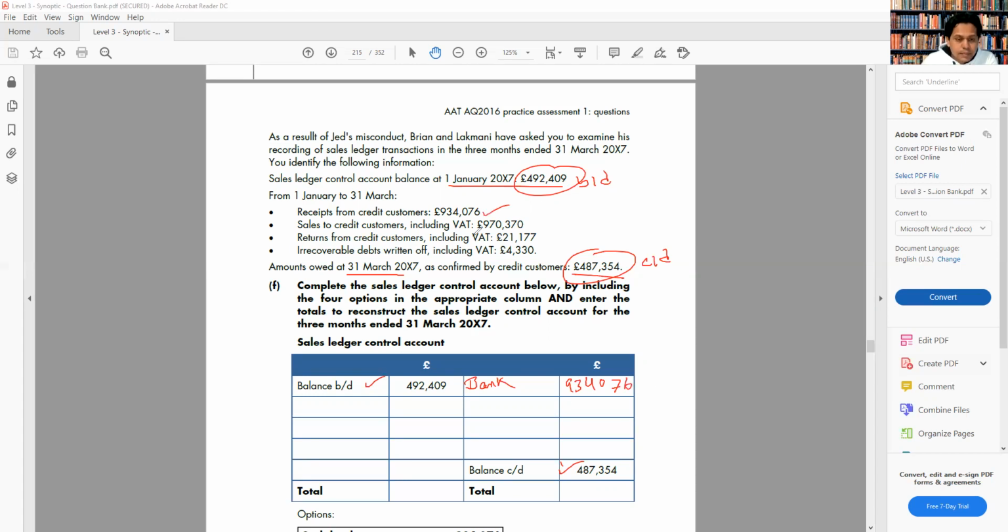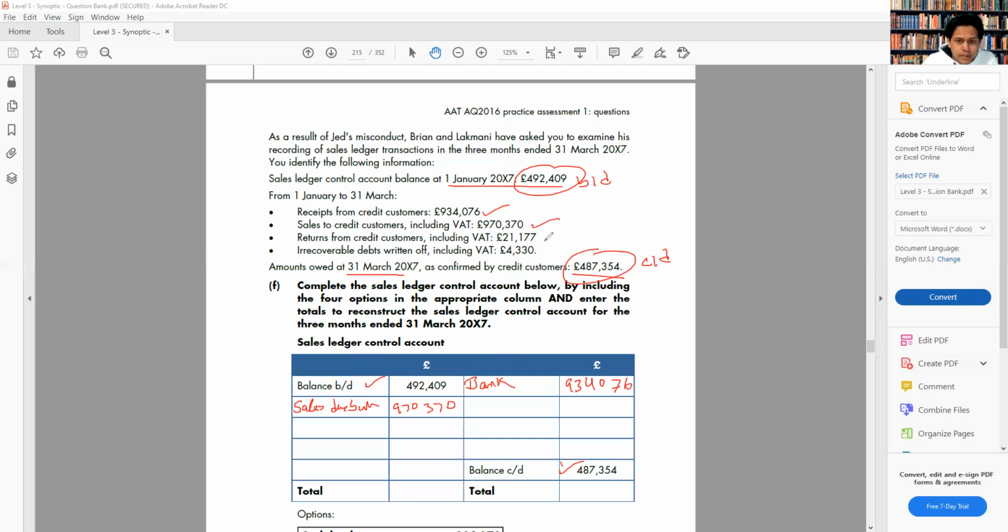Number two, sales to credit customer, including VAT. If I make more credit sales, that will increase the outstanding amount from the credit customer. So whether it is credit sales or sales day book, it is the sales day book, that is 970,370.